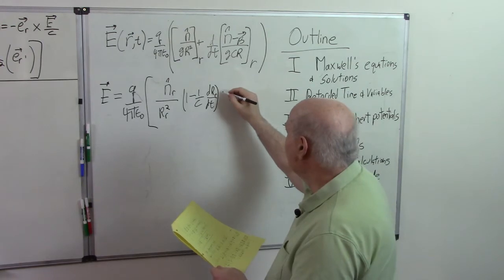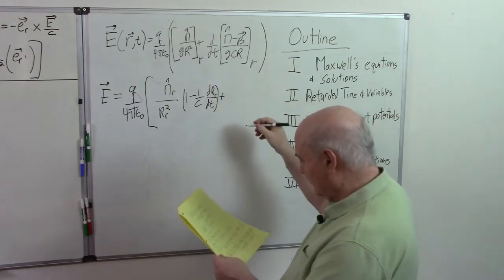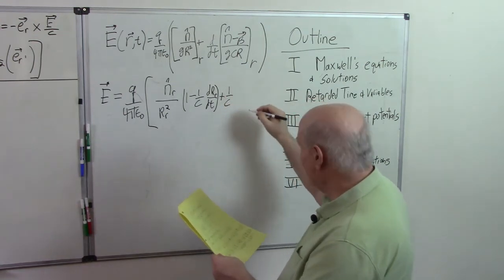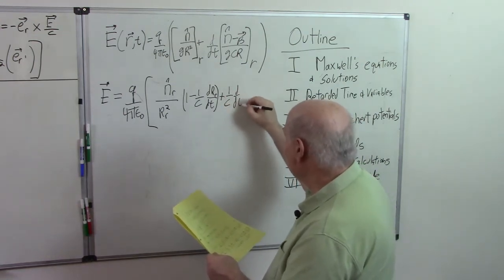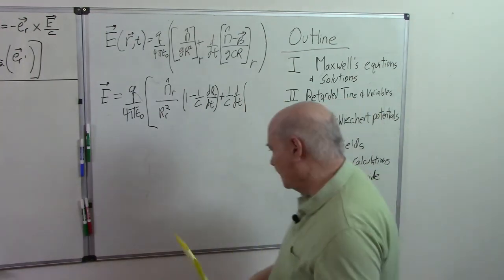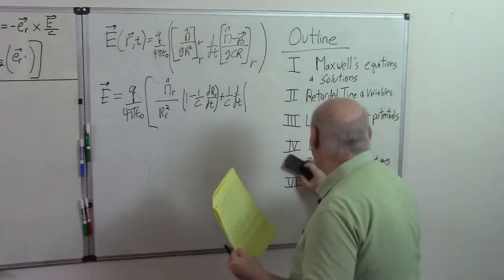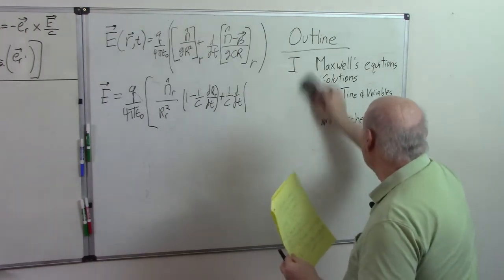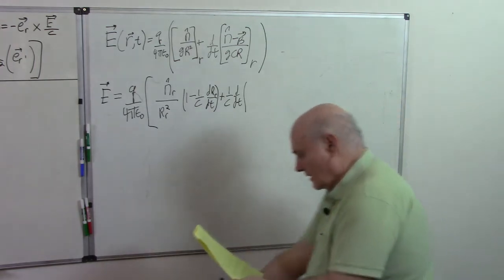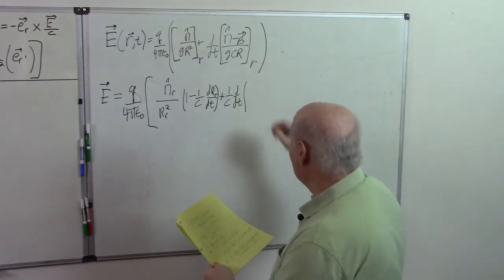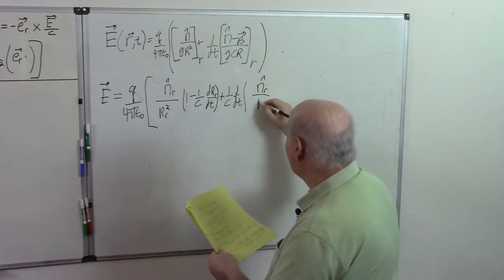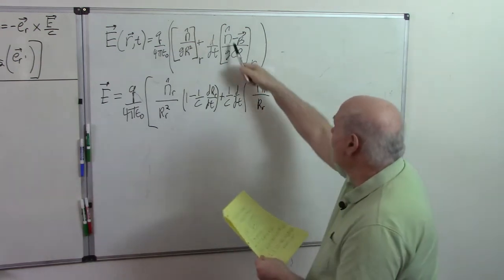And then for the second term over here, we have 1 over c d/dt. And I'm going to, since we won't need this anymore, and r hat over r, that's that.